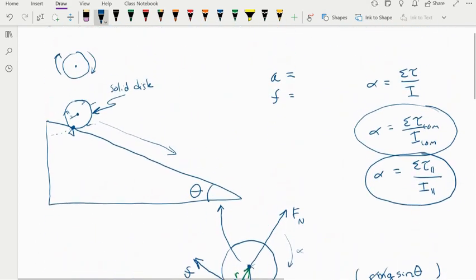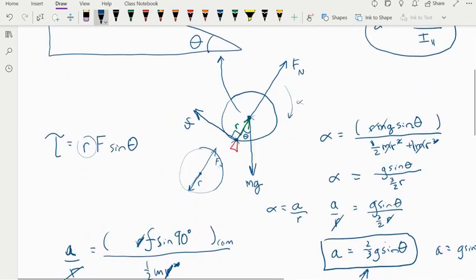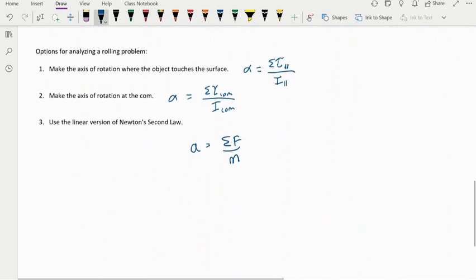Because for a rolling object, different parts of it actually do have different linear accelerations. It all has the same angular acceleration, but they have different linear accelerations. So it turns out whenever you use Newton's second law, you really are getting the acceleration of the center of mass. That's what you're always finding when you use Newton's second law.